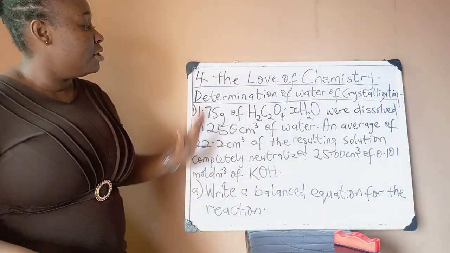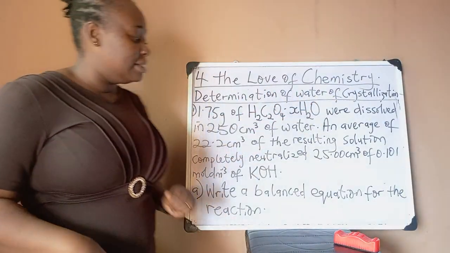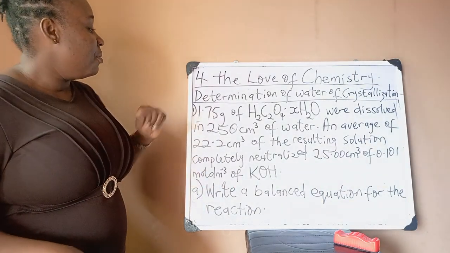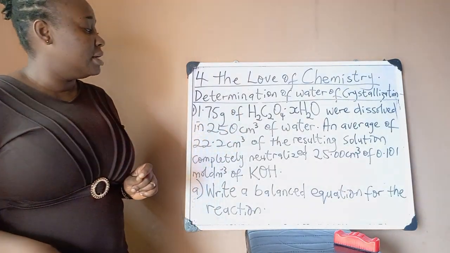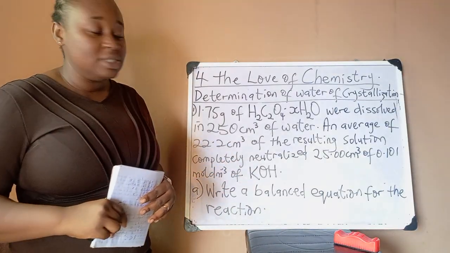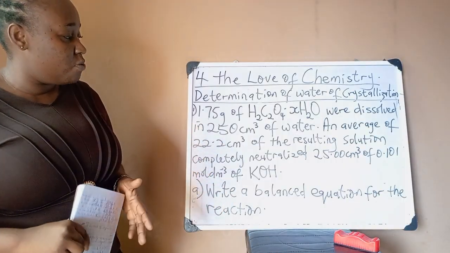Alright, so we're going to look at determination of water of crystallization. Here the question says 1.75 grams of ethane dioic acid with X number of water molecules were dissolved in 250 cm cube of water.